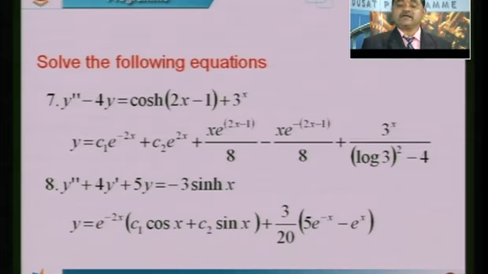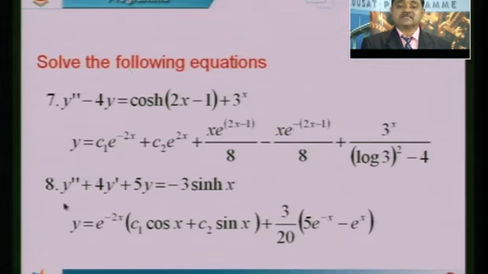Sin hyperbolic is e power ax minus e power minus ax by 2. So like that, these are the two different forms, we can say the indirect forms of the first type problems.